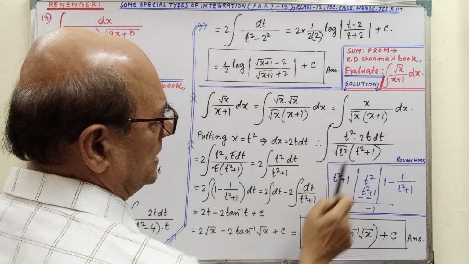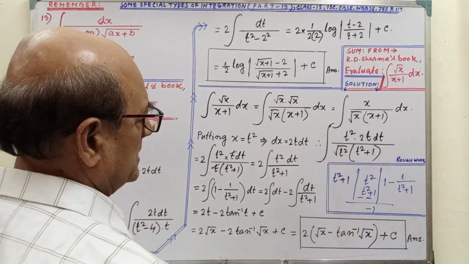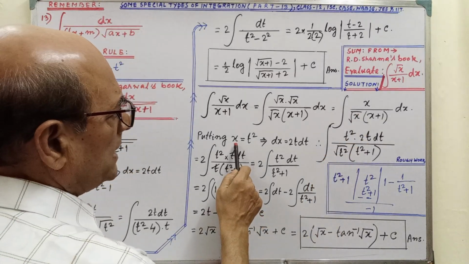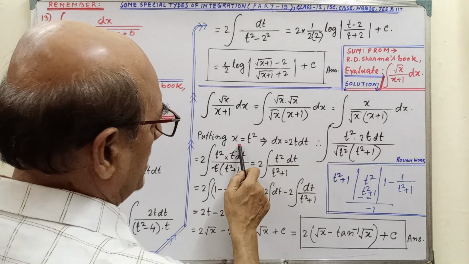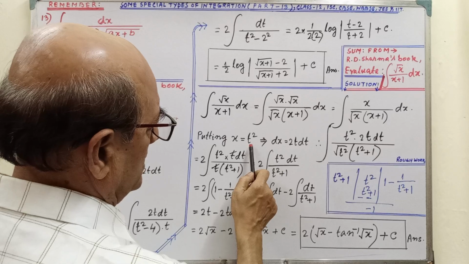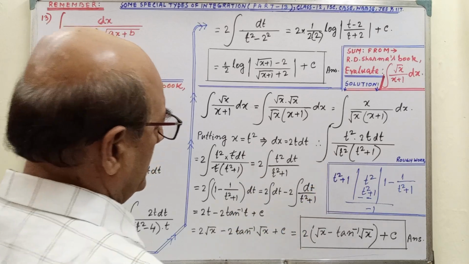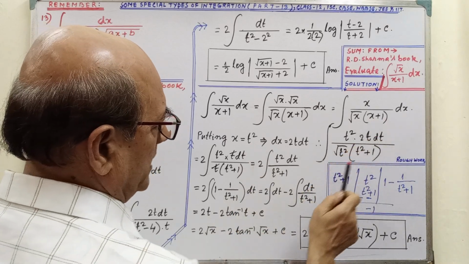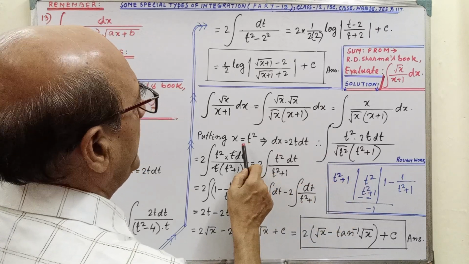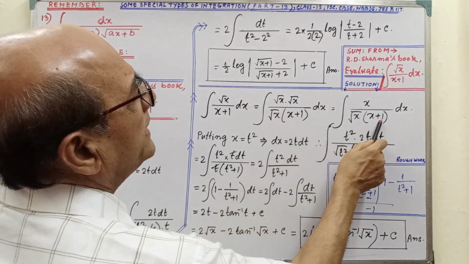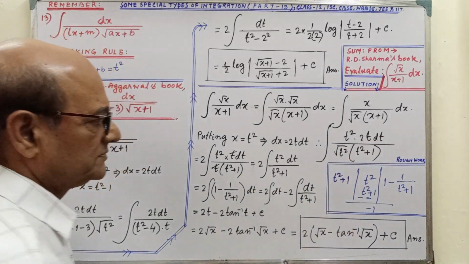In place of root x, the value of x is t square, so root over t square, and here x plus 1, in place of x we will write t square, and here is plus 1.